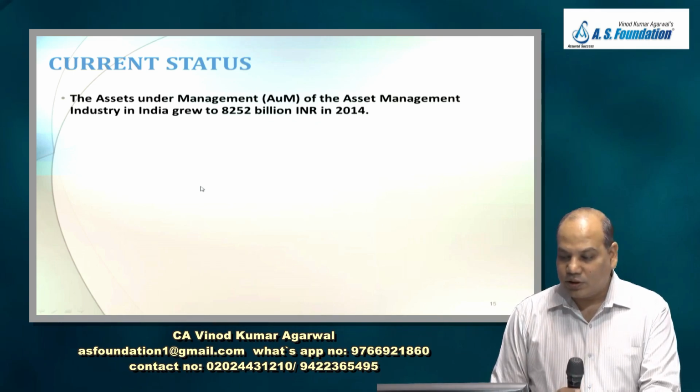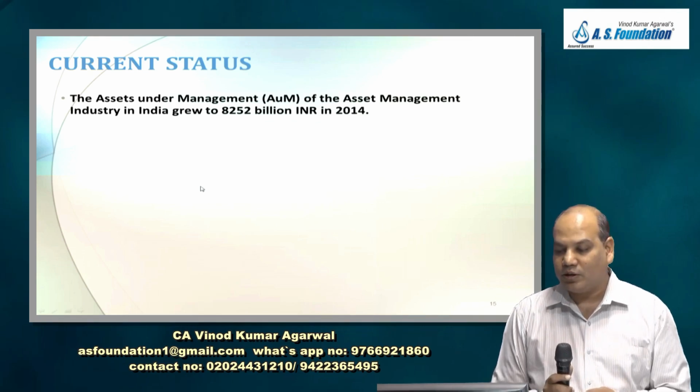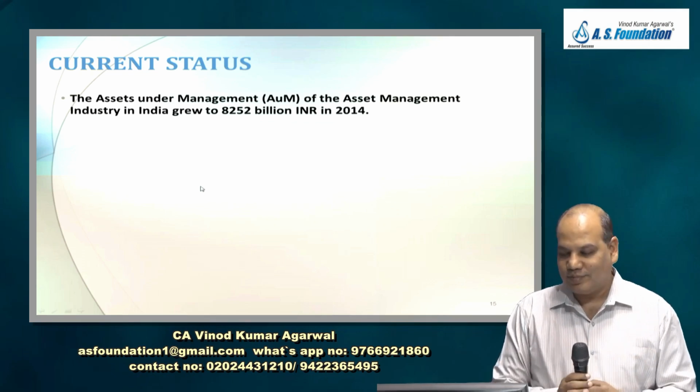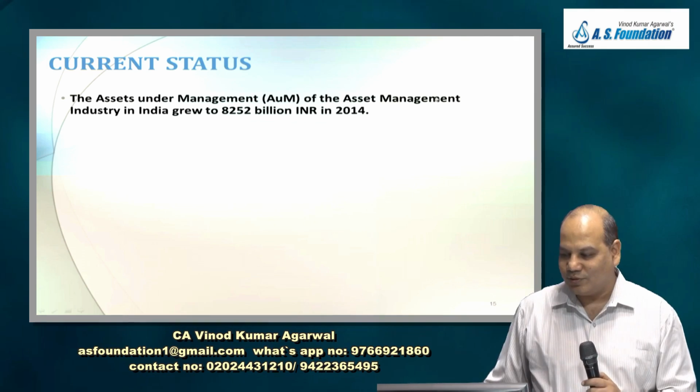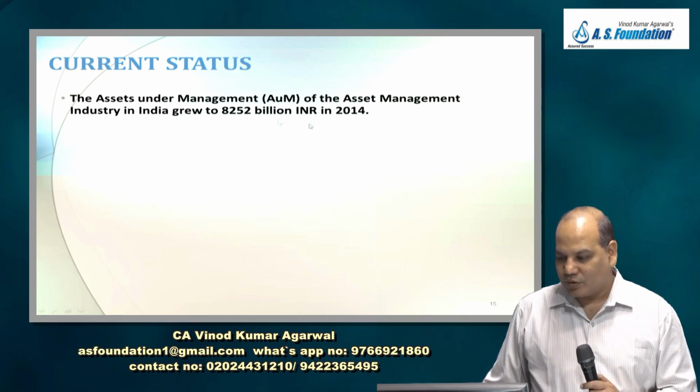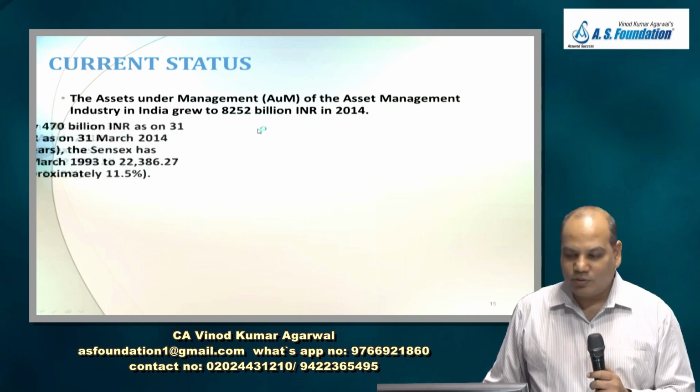What is the current status? The AUM of the asset management industry in India has grown to 8,252 billion INR in 2014. So if you multiply by 70, you will get the rupee value of that.